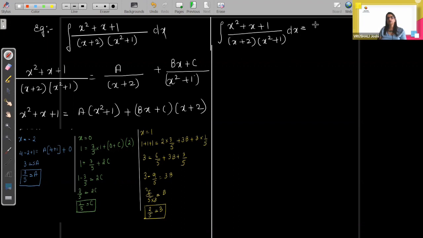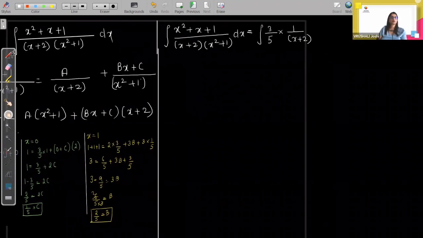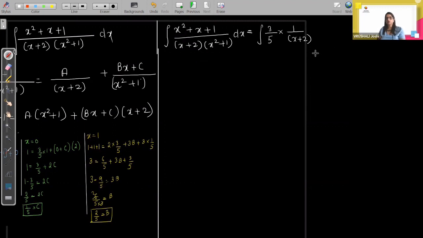So how are we going to write this: integration of 3 by 5 into 1 by x plus 2, plus bx plus c. The value of b is 2 by 5, that is 2x by 5 plus 1 by 5, divided by x square plus 1, dx. Now we can solve this, there is no problem.